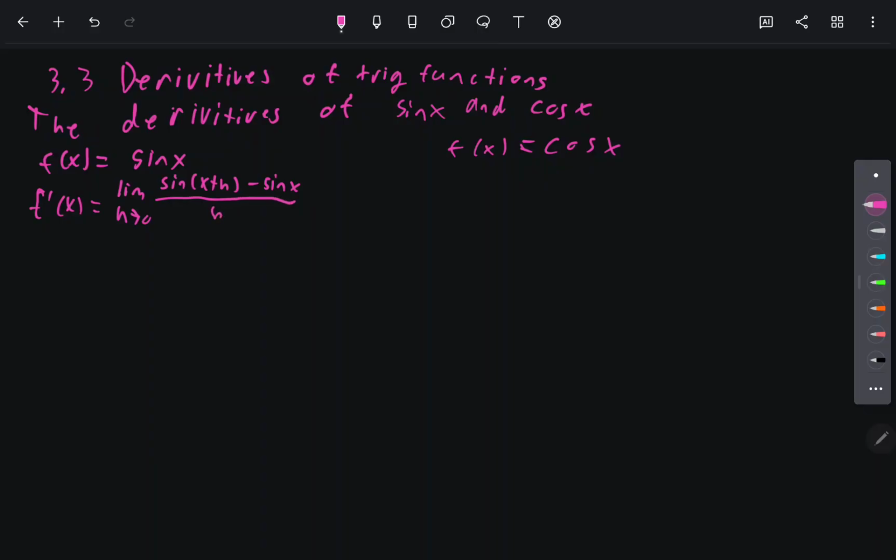Alright, what do we do now? Well, we can use some of the formulas that we've learned. So let's see, we can break down this sine using our addition formula.